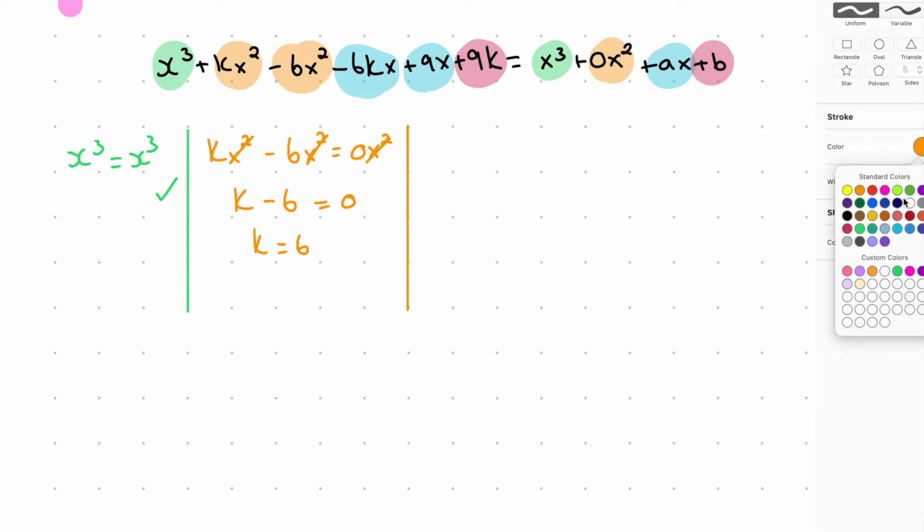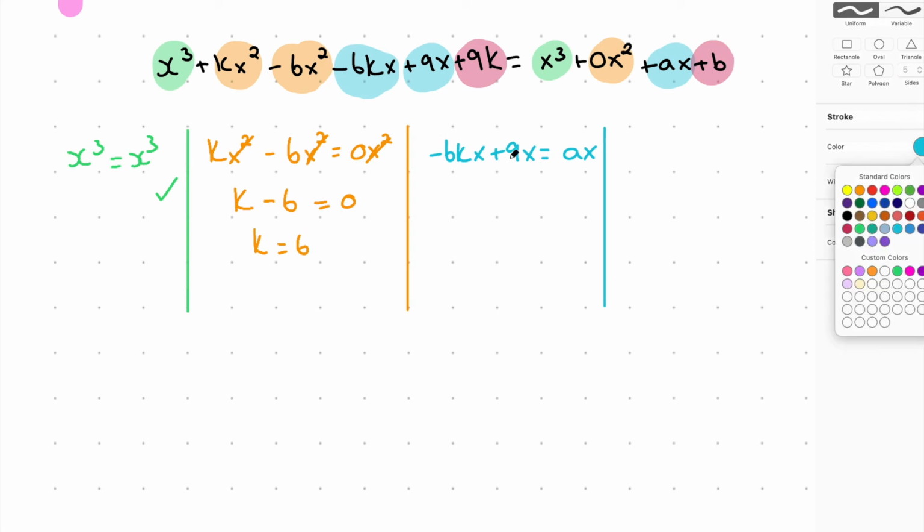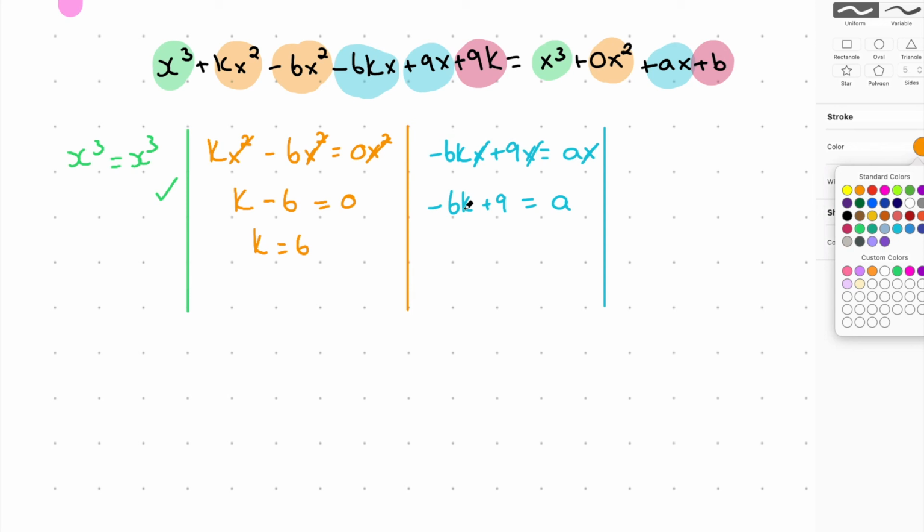The next thing I've got then is minus 6kx plus 9x is equal to ax. And then I'm going to be able to take out the common factor. I've got minus 6k plus 9 is equal to a. I know what k is. We've found out what k is. K is equal to 6.